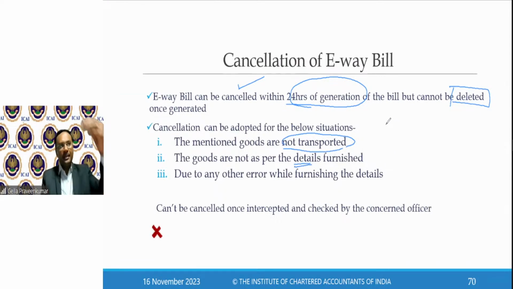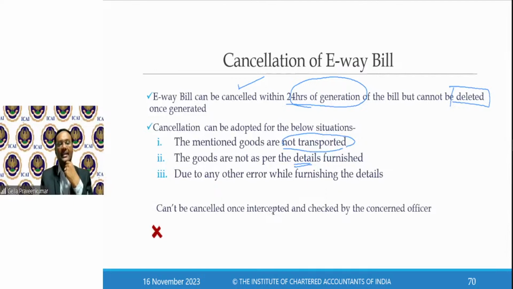Example, I have prepared an invoice for 50 carton boxes, but in the e-way bill I have mentioned 48 bales. Now, carton boxes is a packing material. Bales is a rope which is used for tying. So if what I have prepared in the invoice and what I have mentioned in the e-way bill are mismatched, I cancel that. Or due to any other error while furnishing the details.